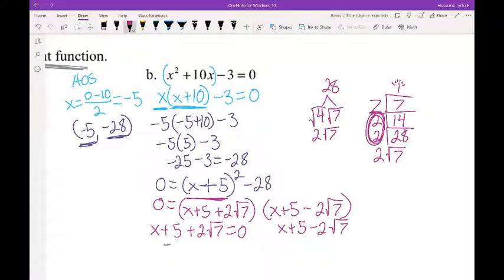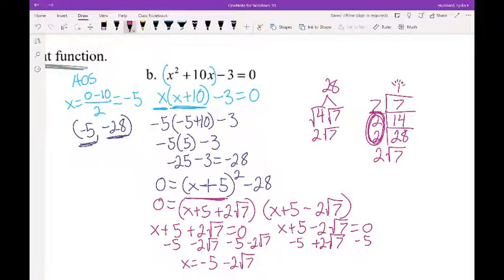So we'll subtract 5 from each side and 2 radical 7 to get that x equals negative 5 minus 2 radical 7. Then we can subtract 5 from each side and add 2 radical 7 to get that x equals negative 5 plus 2 radical 7.